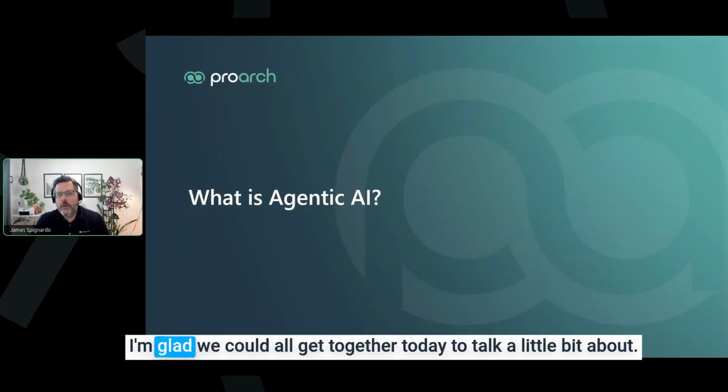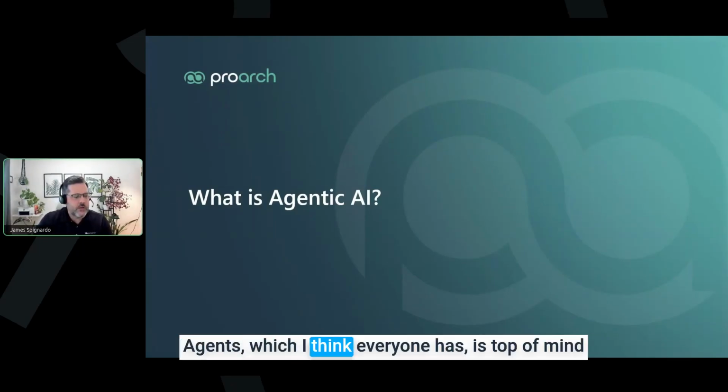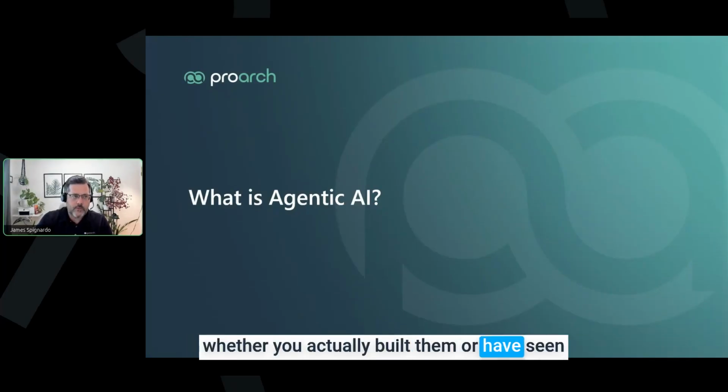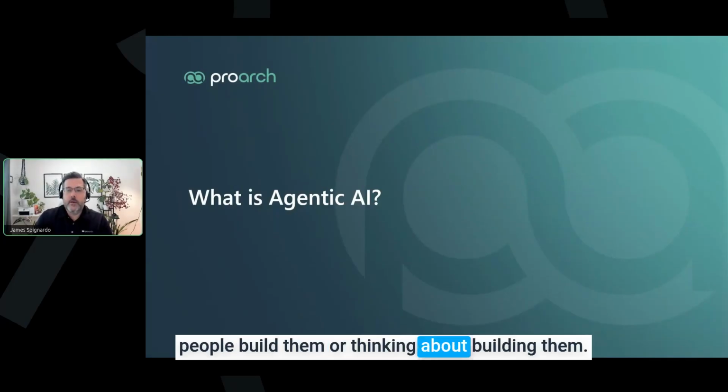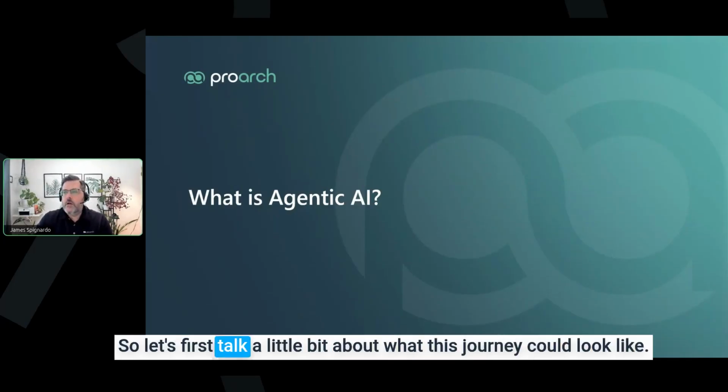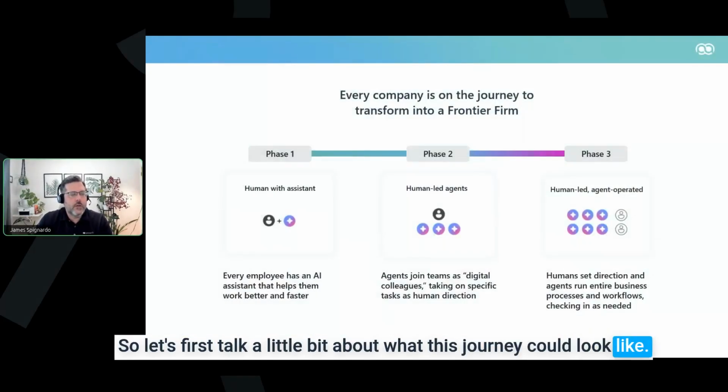Thank you, everybody. I'm glad we could all get together today to talk a little bit about agents, which I think everyone has top of mind, whether you actually built them or have seen people build them or are thinking about building them. So let's first talk a little bit about what this journey could look like.